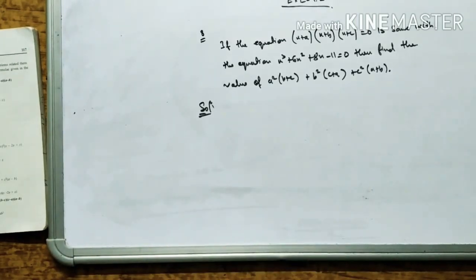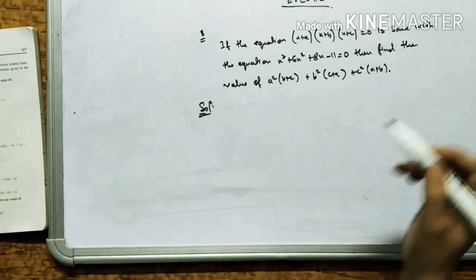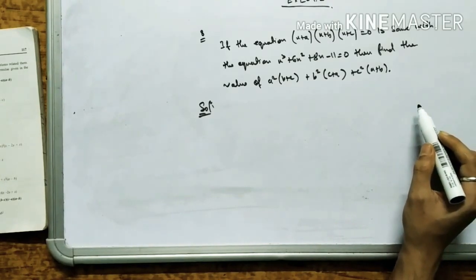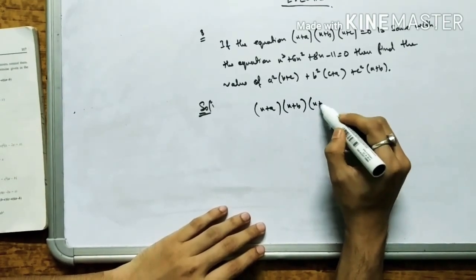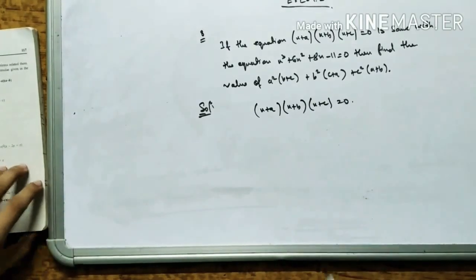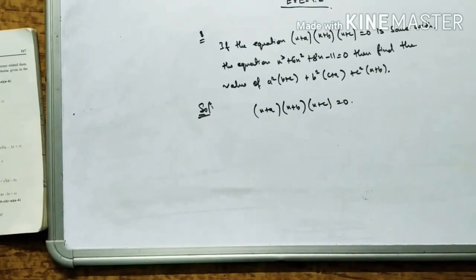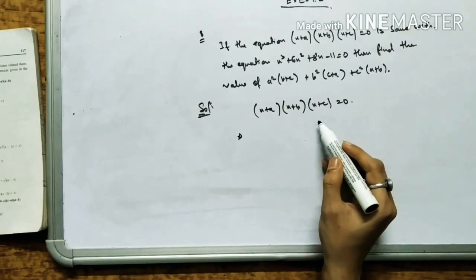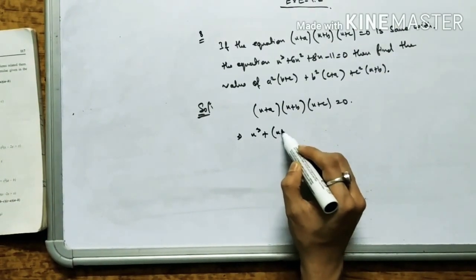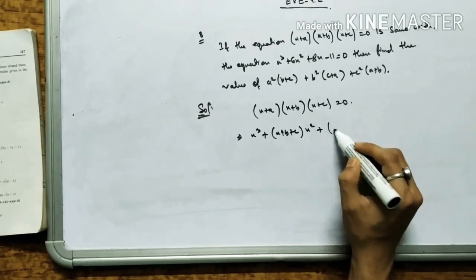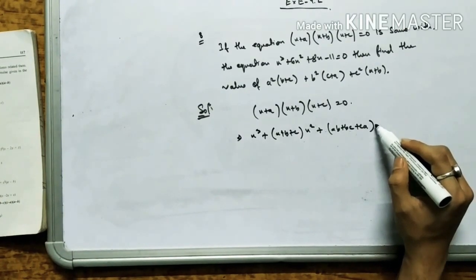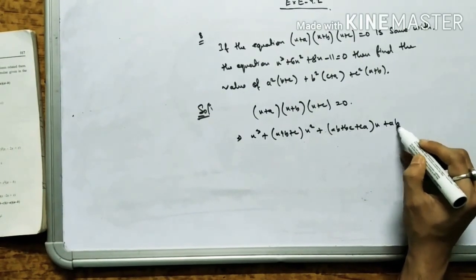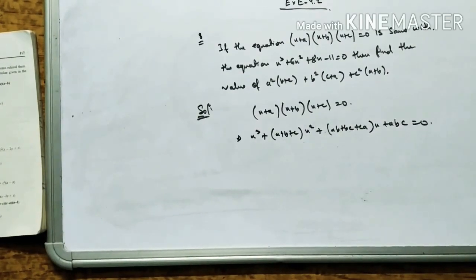In here, you see, this is (x + a)(x + b)(x + c) = 0. According to the formula, this is x cube plus (a + b + c) x square plus (ab + bc + ca) x plus abc equals 0.